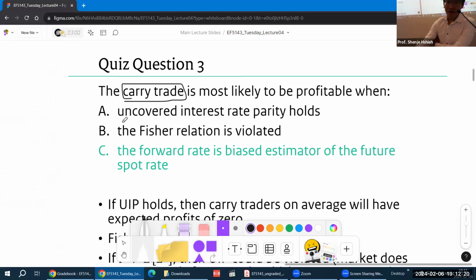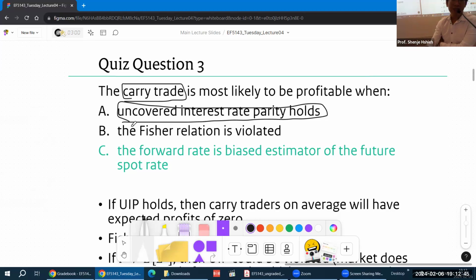So if uncovered interest rate parity holds, what does that mean? We learned last week: if UIP holds, then under those conditions, on average, investors should make zero profits. That would mean the carry trade is not very likely to make money, on average.